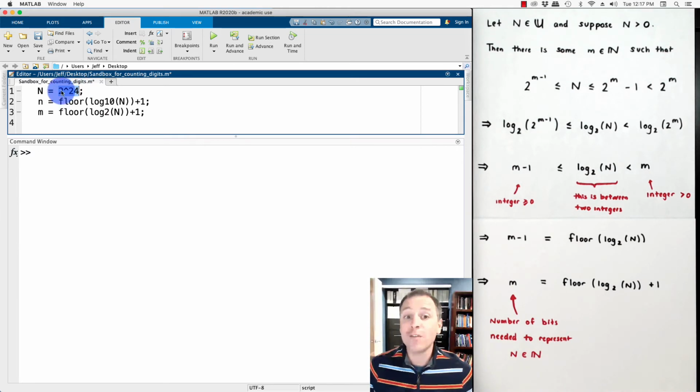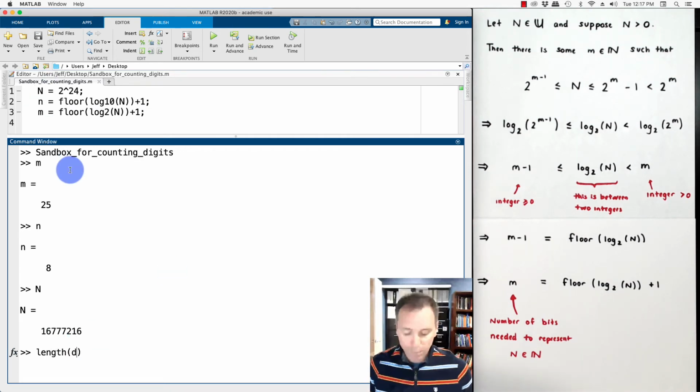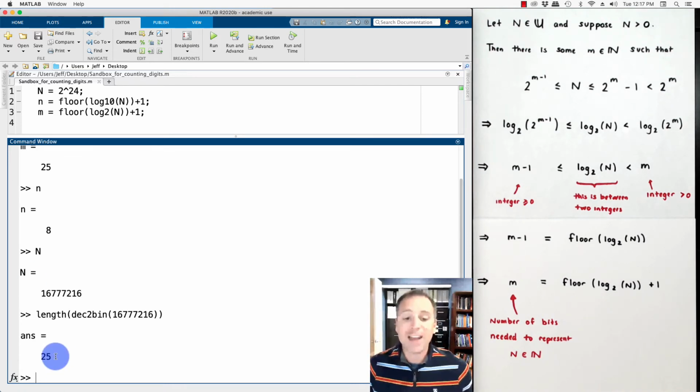It's going to be a 1 followed by 24 zeros in binary, so we expect that to be 25 bits. On the other hand, n, the number of decimal digits, is 8, and that is because when I actually take a look at that number, there are 8 decimal digits. Of course, we could confirm that our formula for m works out by taking the length of the output of des2bin of that number, and again, that is 25.